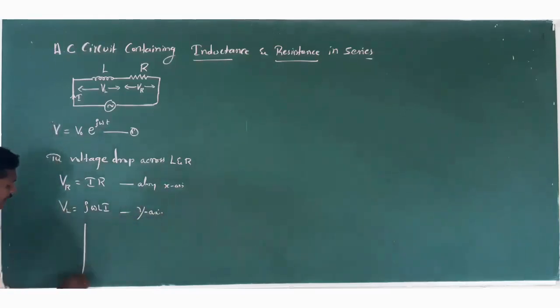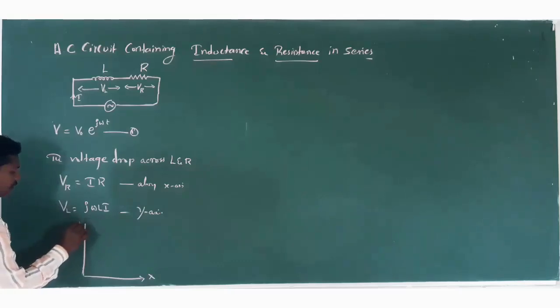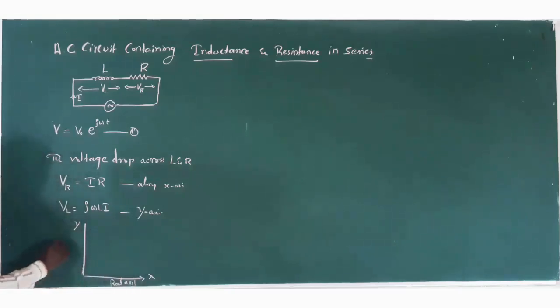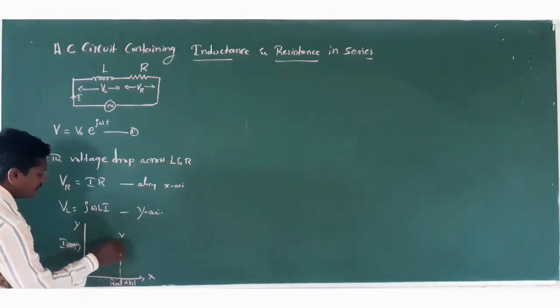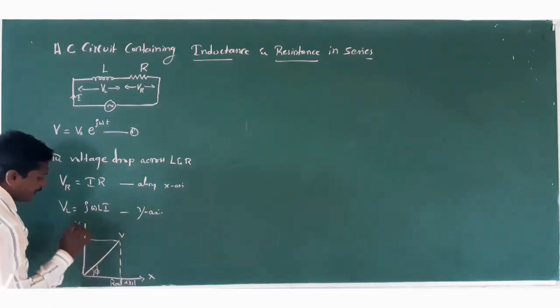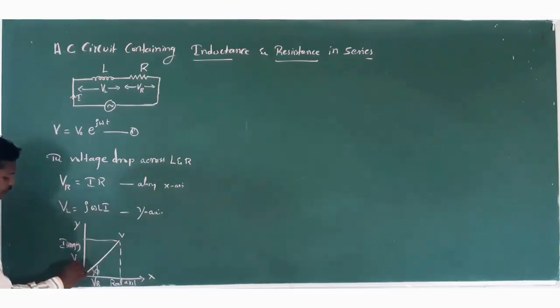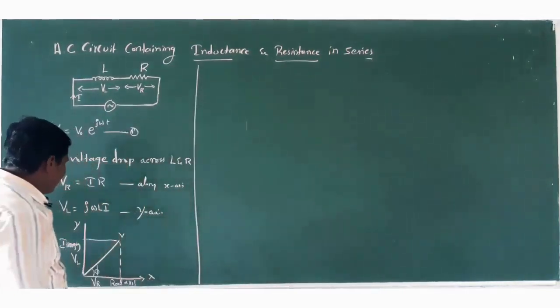If we observe the diagram, we know that there is a real axis along the x axis and an imaginary axis along the y axis. So this represents a resultant voltage at an angle phi. Along the x axis we took VR, and along the y axis we consider VL, the voltage across the inductor.